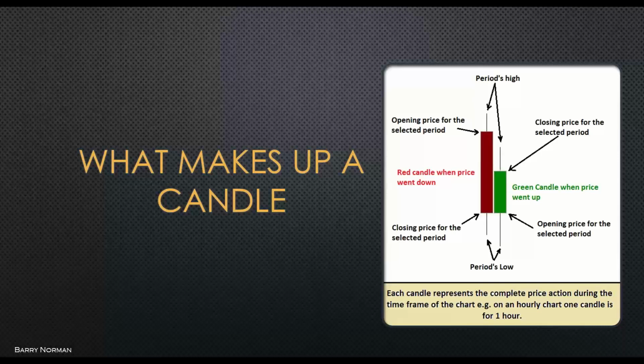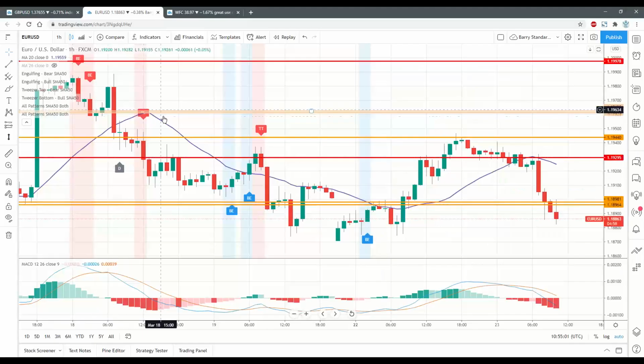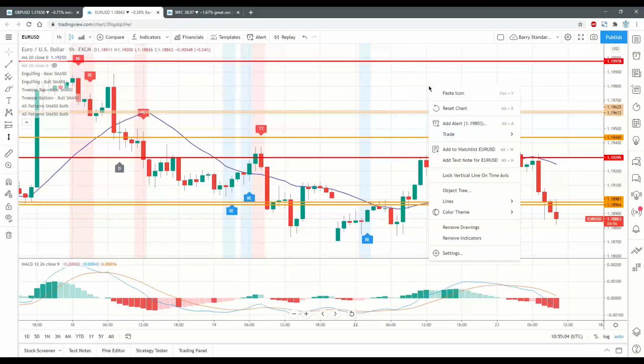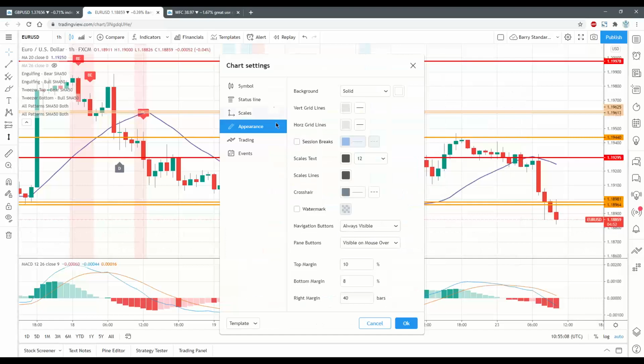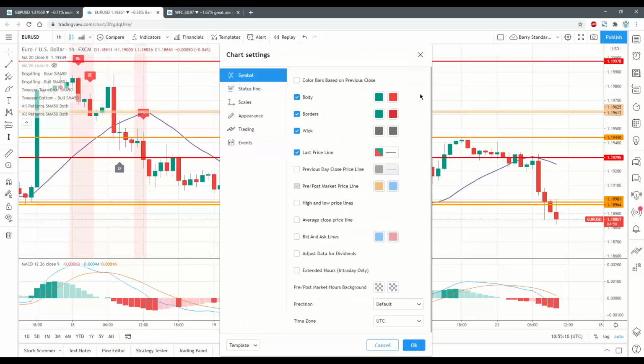Let's go back to my chart. So here, if we just go over to my chart settings, see here in the body of the candle, the borders and the wicks. Okay. They're colored red and green.